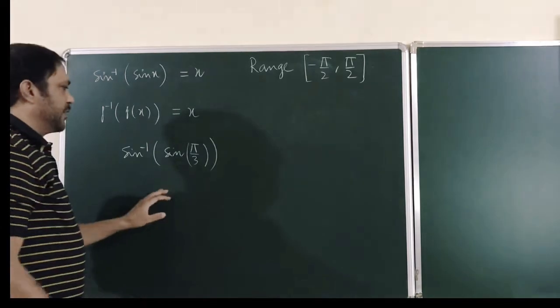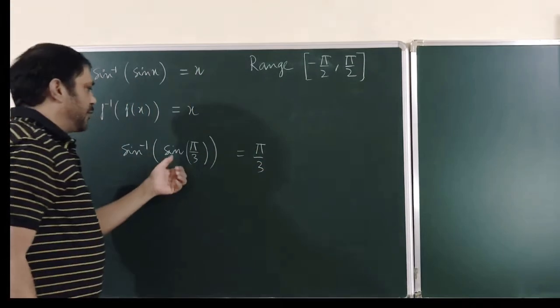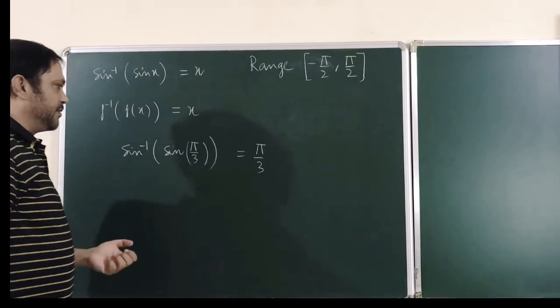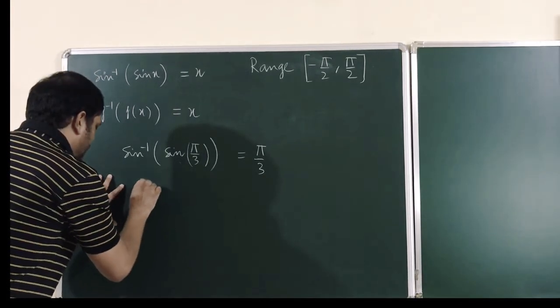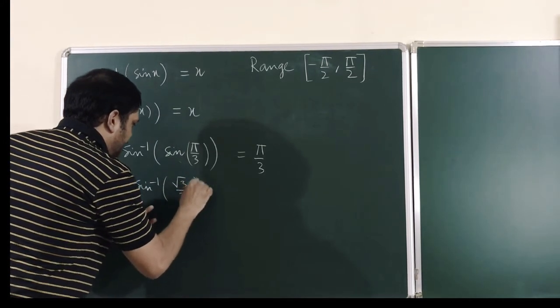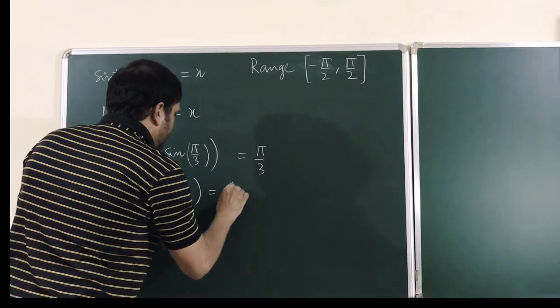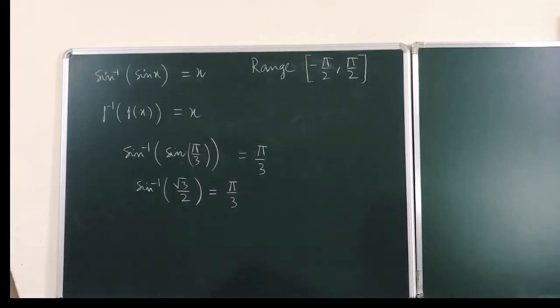Very easy to understand, you will get pi by 3, and you can verify it also. I wrote pi by 3 and sine pi by 3's answer is root 3 by 2. So I'll get sine inverse of root 3 by 2, and sine inverse of root 3 by 2 is basically pi by 3. Is it clear too?